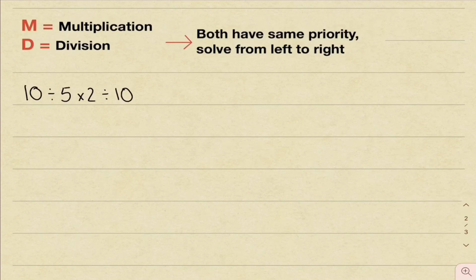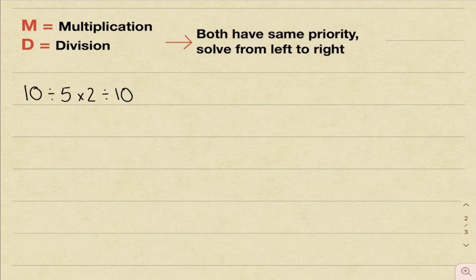So you see I have an example with division, multiplication, division. So you might get confused. You don't know if you should divide first and then multiply, or multiply first and then divide. That's why multiplication and division, they both have the same priority. So you just have to solve from left to right. So in order for you to get the right answer, you have to start from left to right.